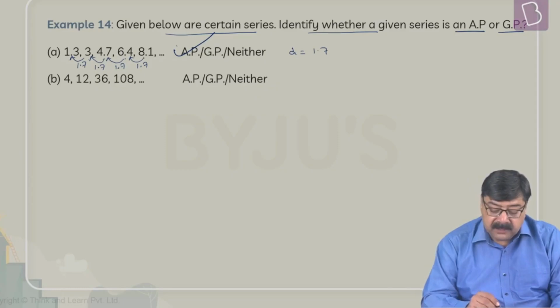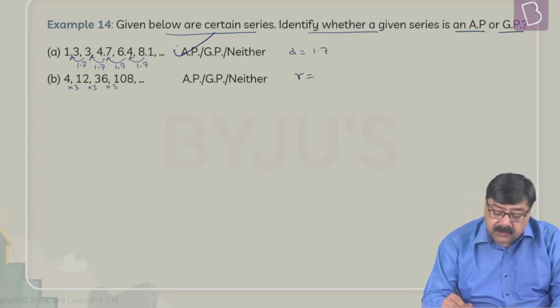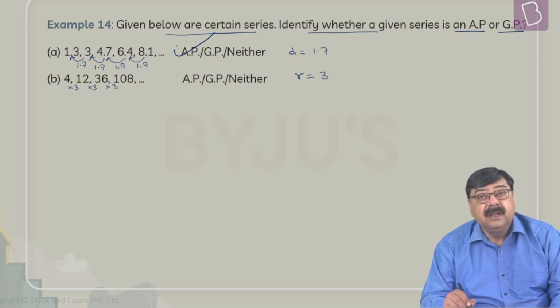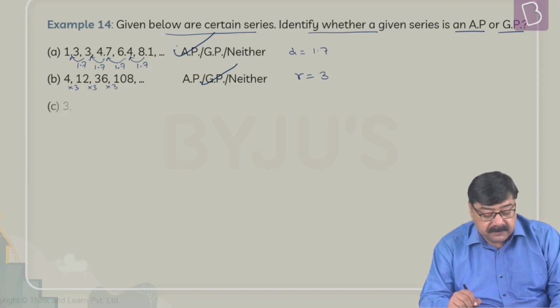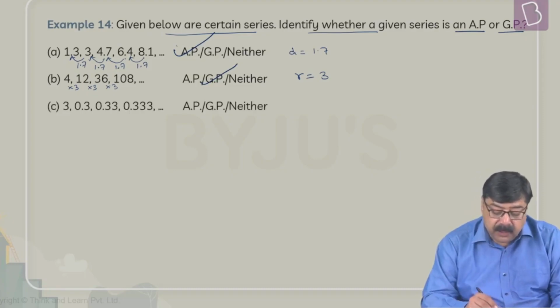Now look at this one. 4 into 3 is 12, into 3 is 36, into 3 is 108. So here we have a common ratio, that is 3, a multiplier. So this series is a geometric progression. 3, then 0.3, then 0.33, then 0.333.